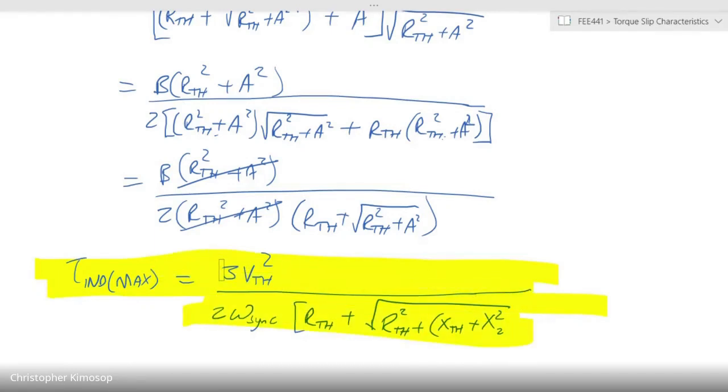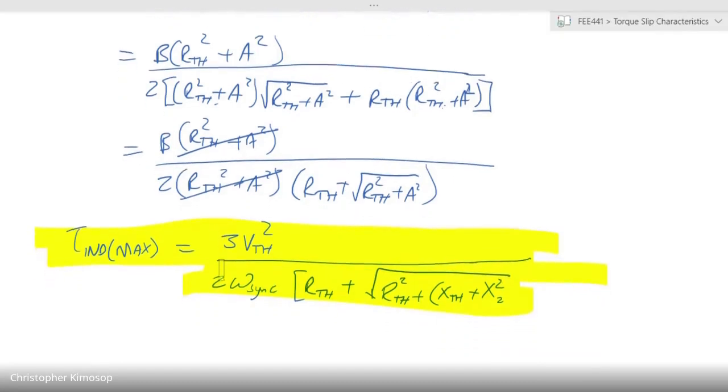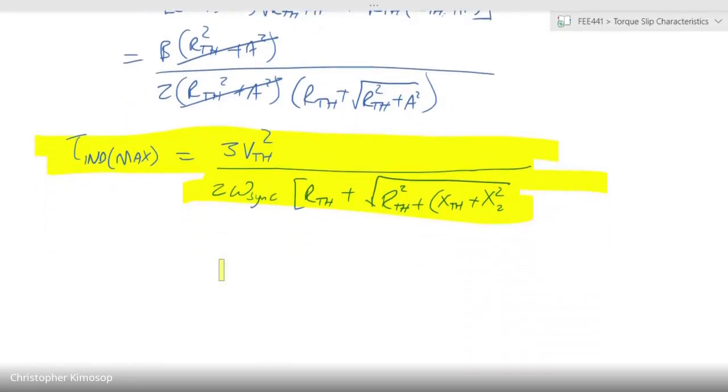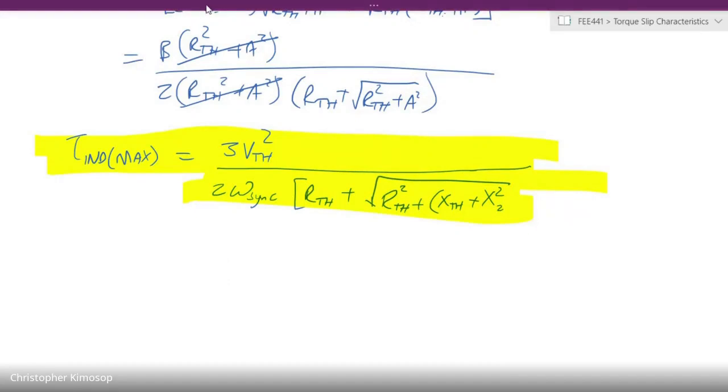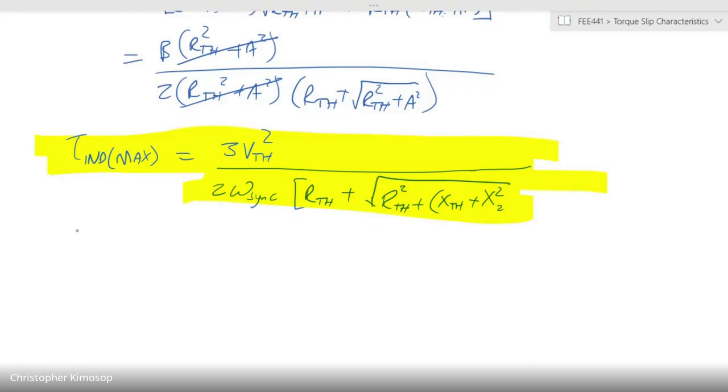Okay. Now, one thing that this shows us is that we have the magnitude of the induced torque itself, right? Based on this, the maximum induced torque magnitude is only dependent on the variables that you have here.